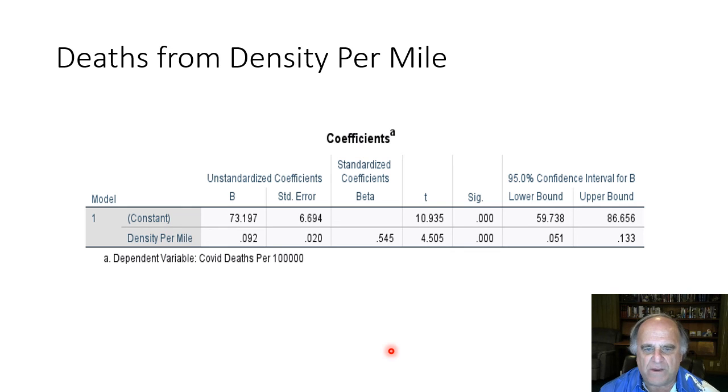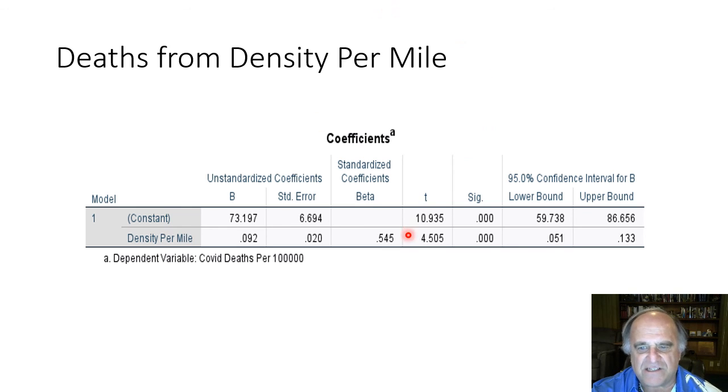That means we would multiply the density per mile by 0.092 to get the increase in COVID deaths per 100,000. There is a standard error associated with that of 0.02. Our standardized beta coefficient is 0.545, which of course matches our correlation coefficient, which it has to. The standardized beta is going to be equal to the correlation coefficient in the case of simple regression when we only have one variable.